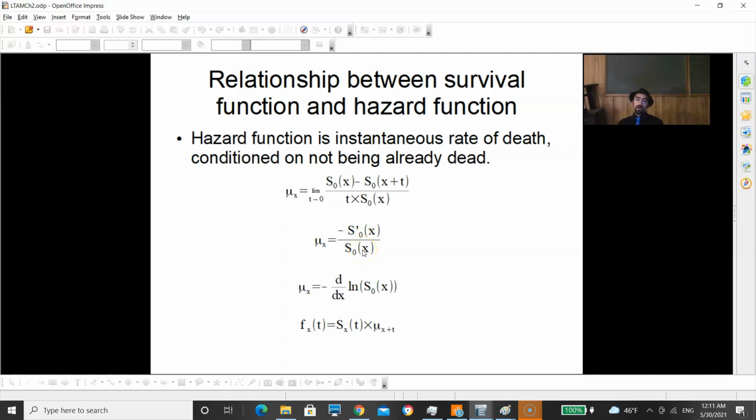And if you're shrewd about this, you realize that this expression here, negative derivative of a function divided by the original, is negative derivative log of the function. And you'll hear me vocalize that quite a bit. Negative derivative log survival. Force of mortality is negative derivative log survival. There's the derivation.